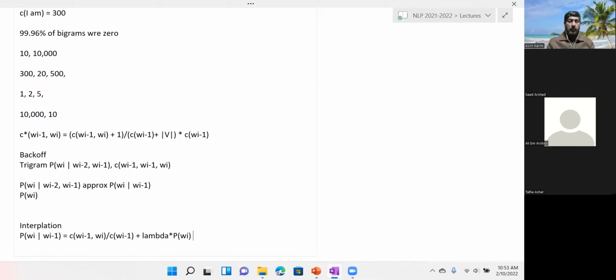This is the interpolation way of it, not just simply back off. Back off would mean that you just use probability of Wi. Here we are saying that we add that number there as well. Maybe that is 0, maybe that's very small, but with that we add a parameter lambda with the unigram and use this for the estimates for the bigram. And you can continue this for trigrams and higher order n-grams as well.